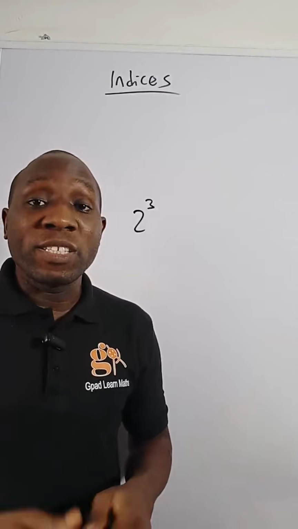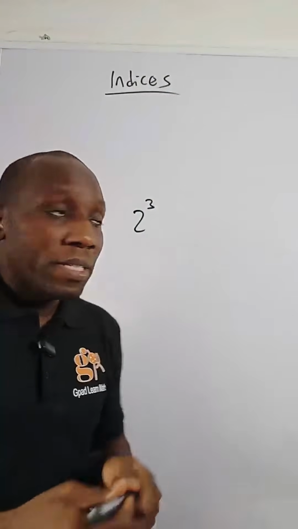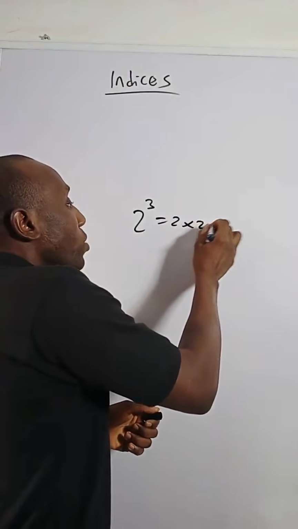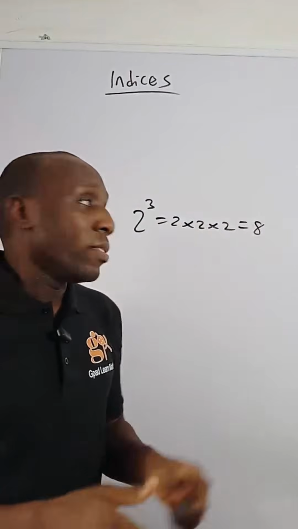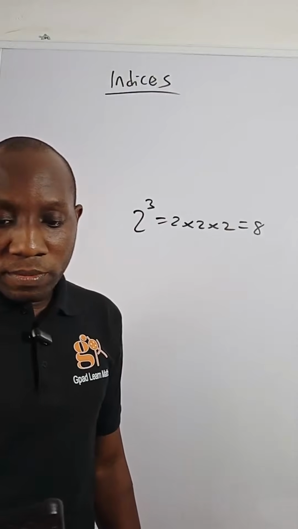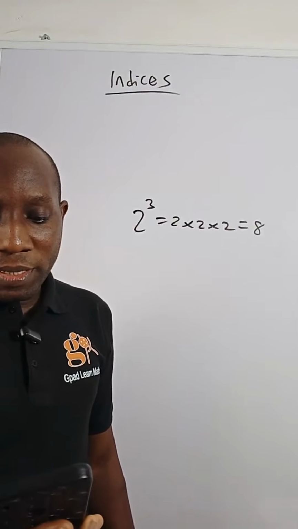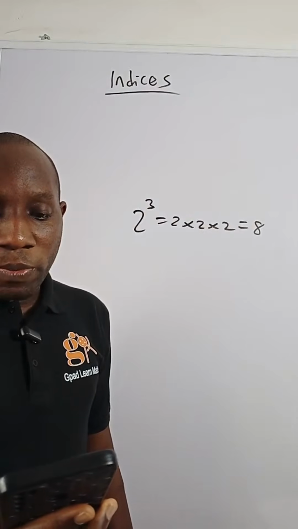So 3 is the index or exponent. When you say 2 raised to the power of 3, this means 2 times 2 times 2, which is 8. This is what we call repeated multiplication.